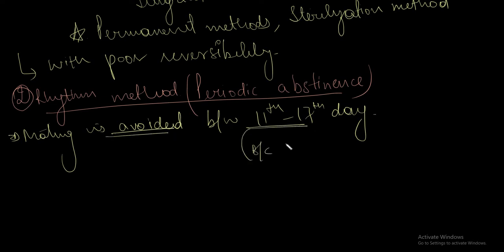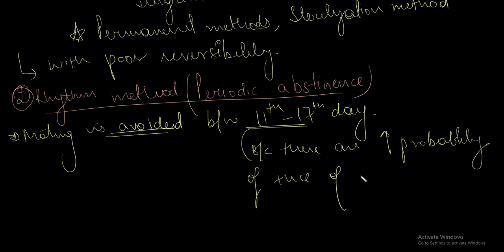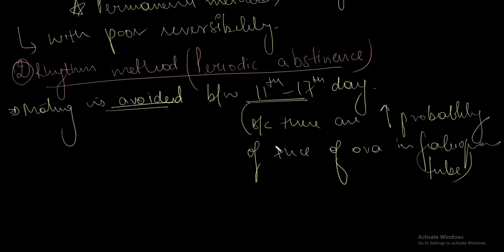Because there is a high probability of the presence of ova in the fallopian tube. So there are chances for syngamy that will lead to pregnancy.